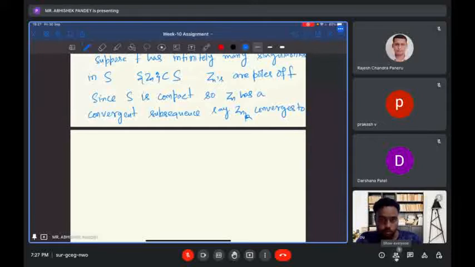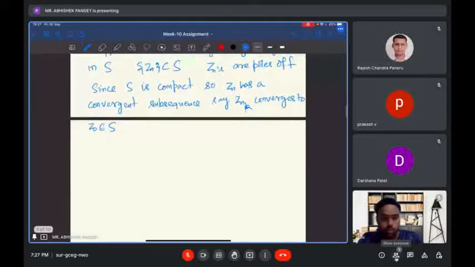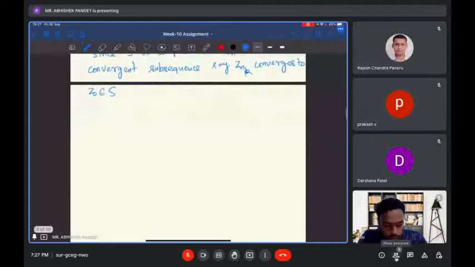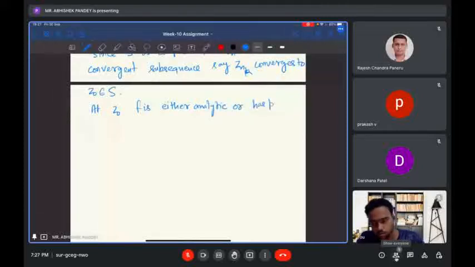So Z naught will be in S. Okay, so now at Z naught, F is either analytic or has a pole. But both the cases are not possible.